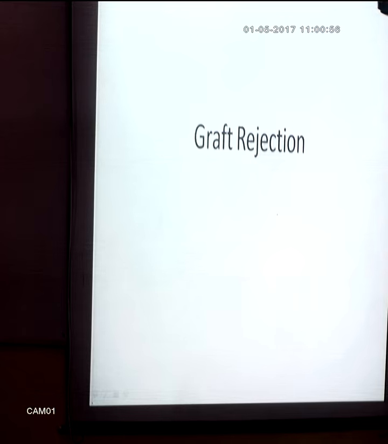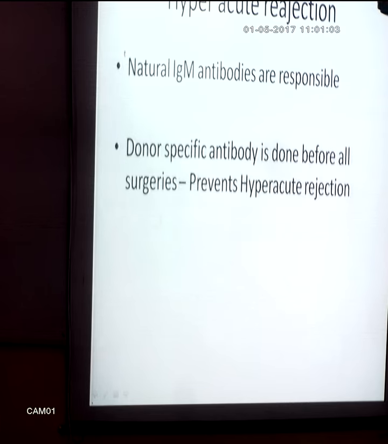The next one. In graft rejection, there's not much of a change. Only one new thing has been added. Natural IgM antibodies are responsible for hyperacute rejection. Now the incidence of hyperacute rejection is very, very low because for any graft we do a test called donor specific antibody test.